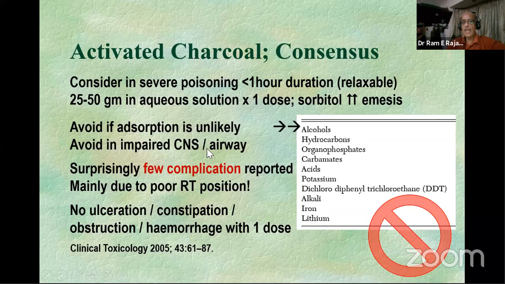Okay, and even when it is given within 1 hour, the adsorption is very unlikely with certain agents like alcohols, organophosphate, hydrocarbons, etc. There will be absolutely no adsorption, and you probably should not be using it definitively in all these kinds of conditions.